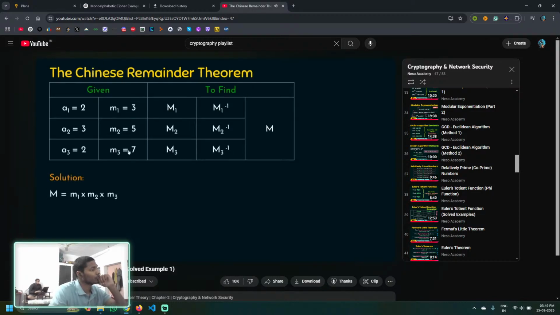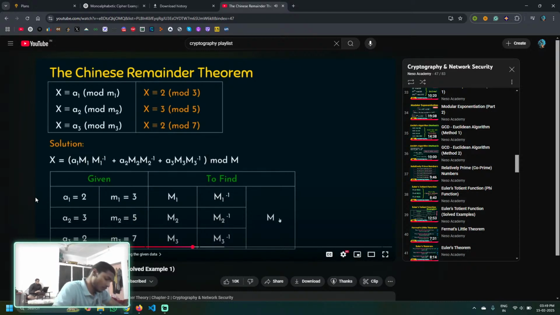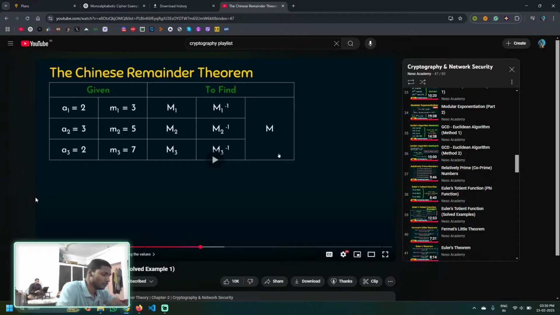To find capital M, it's so simple. It's the product of all these small m's. The given data are also small m3, right?